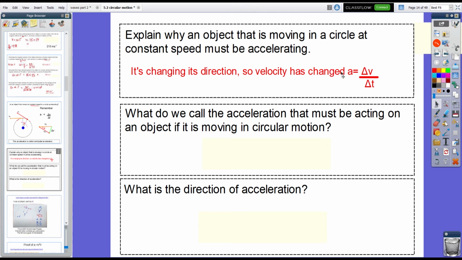So therefore, you must be accelerating, because acceleration is rate of change of velocity. What do we call it? Well, centripetal, not centrifugal. And what direction is this acceleration? It's always directed towards the center.